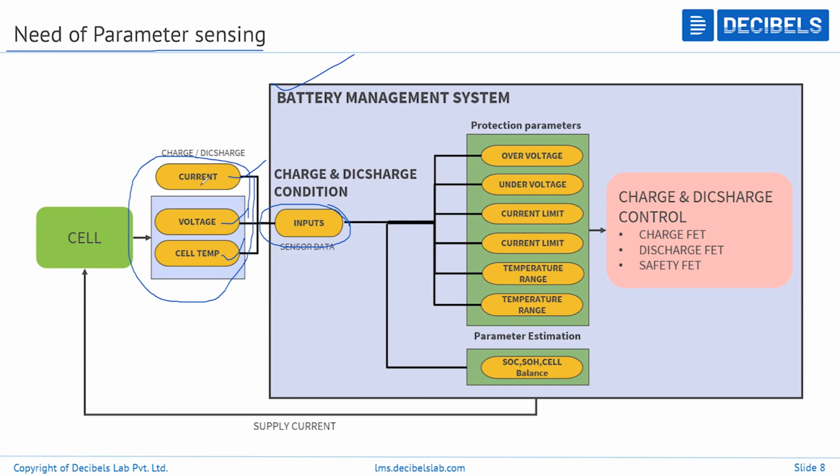With these parameters only, we do all the protection feature developments. If you control them, then you are protecting the battery itself. And with the help of these, we can go for parameter estimation. Those can be SOH, SOC, and cell balancing is the other term. And SOE, that is state of energy.